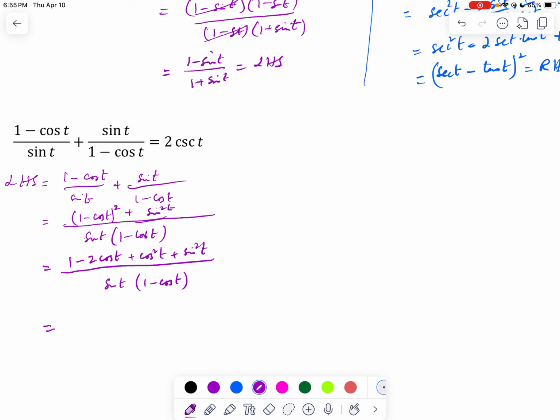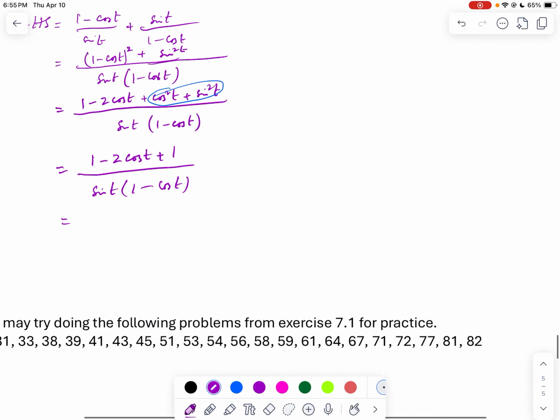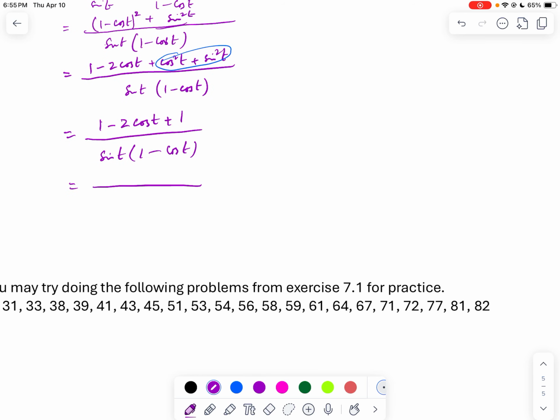So note again, cosine square t plus sine square t is 1. So we get 1 minus 2 cosine of t plus 1. And the denominator is sine of t times 1 minus cosine of t. Then in the numerator 1 plus 1 is 2, so 2 minus 2 cosine t over sine t into 1 minus cosine of t.